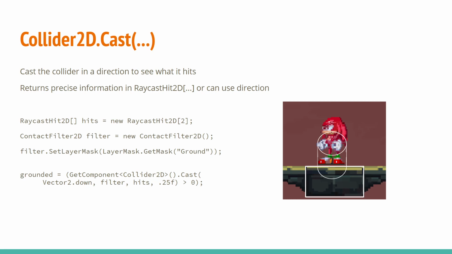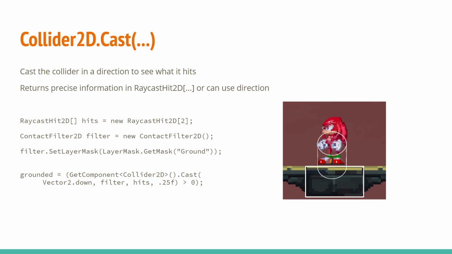And that will give you precise information. So for example, you have to set up what's called a contact filter, which sets up your layer masks. So now you have to tell it what things you are interested in casting your collider against, what direction you're casting it in, right? So you're moving the collider within the scene to see what it touches.